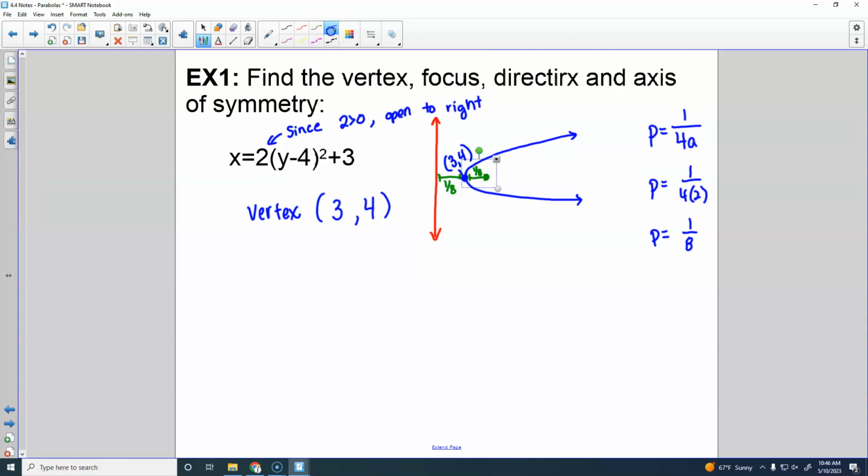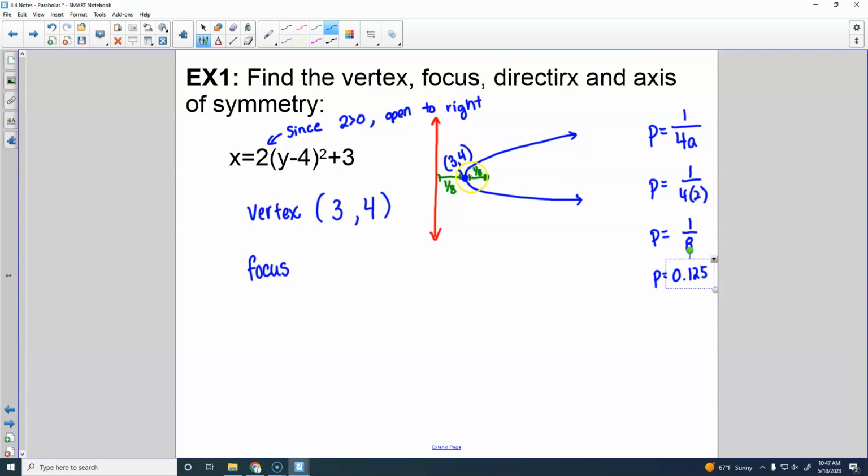It might be helpful, instead of doing 1/8, to do 0.125, I believe, for 1/8. I think that's right. Decimals will be a little easier to deal with as far as doing this and not having to do all the fractions. So, let's start with focus.